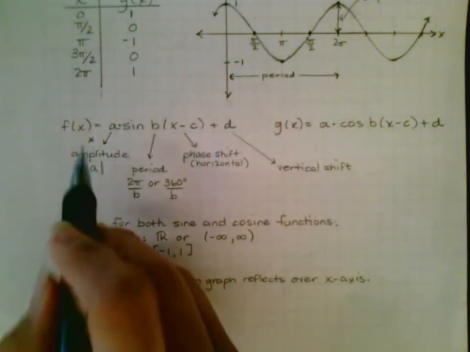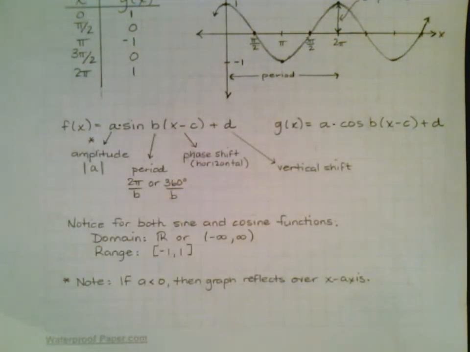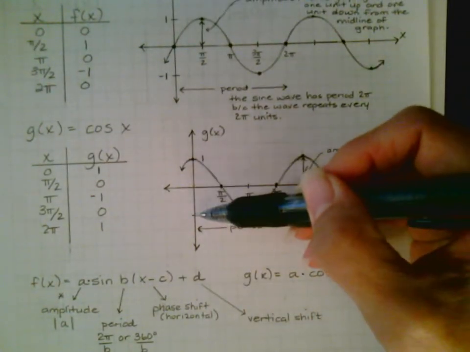I did put an asterisk up here by the word amplitude, and for A, in reference that I wanted you to take a note of something. Just like in other functions, if you had a negative coefficient, so if your coefficient of A is less than 0, that automatically means that your graph is going to reflect over the x-axis. So speaking of these, what happens is this point would be graphed here.